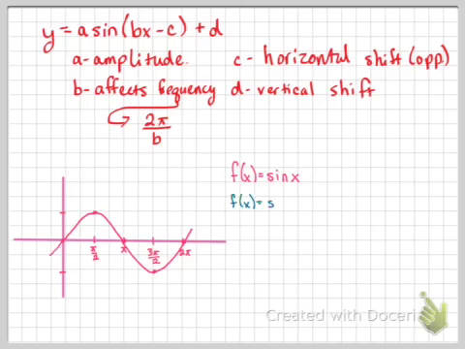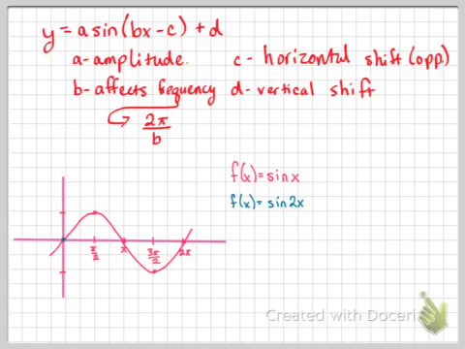Now let's add something else to this in another color. We're going to do f of x equals sine of 2x. Now let's think. If I put 0 in for x, 2 times 0 is 0, and I'm still going to have 0. So I put a dot at 0, 0, and then I think about pi halves.